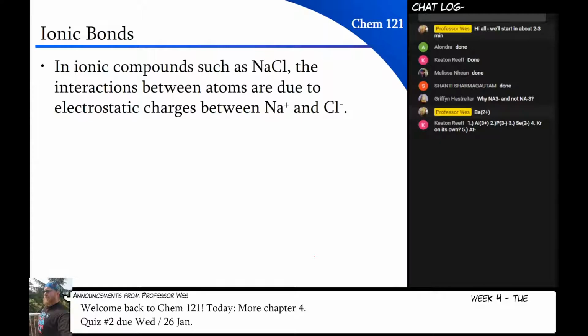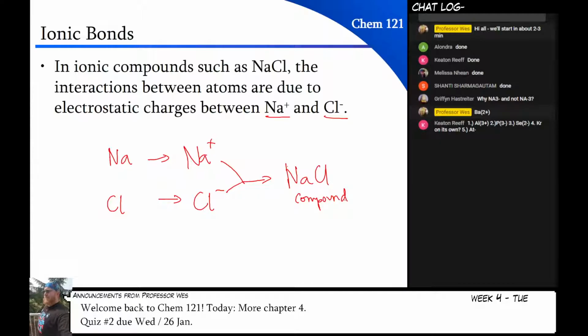Because if the goal is to make ions that attract to each other, I first have to do these steps, and then and only then can these combine to form a compound. So our mission in this lesson is to explore, how do I do this step?